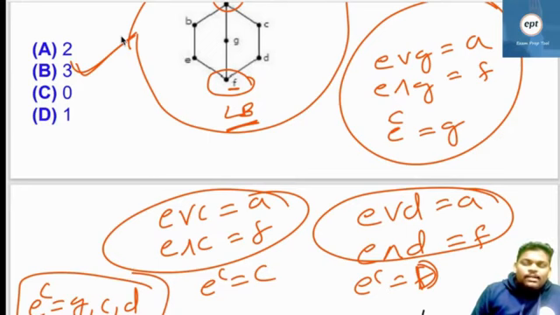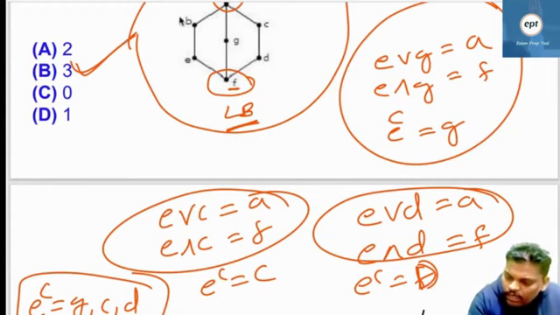In the lattice, the upper element is the upper bound and the lower element is the lower bound. Between two elements, LUB coming as the upper bound and GLB coming as the lower bound, then those two are complements of each other.